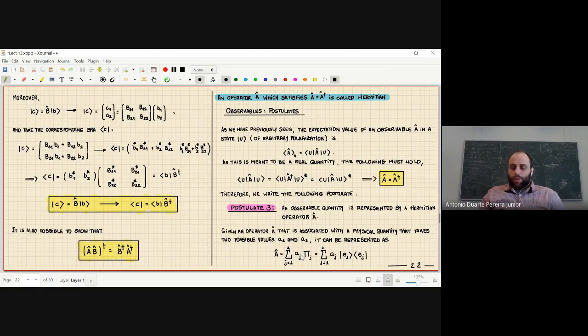So you write the outcome A1 multiplied by the projector associated with A1, which is formed by the states that will always give you the value A1 if you measure them, plus A2 times the projector pi 2. Again, this should be consistent, and I must put a hat here.